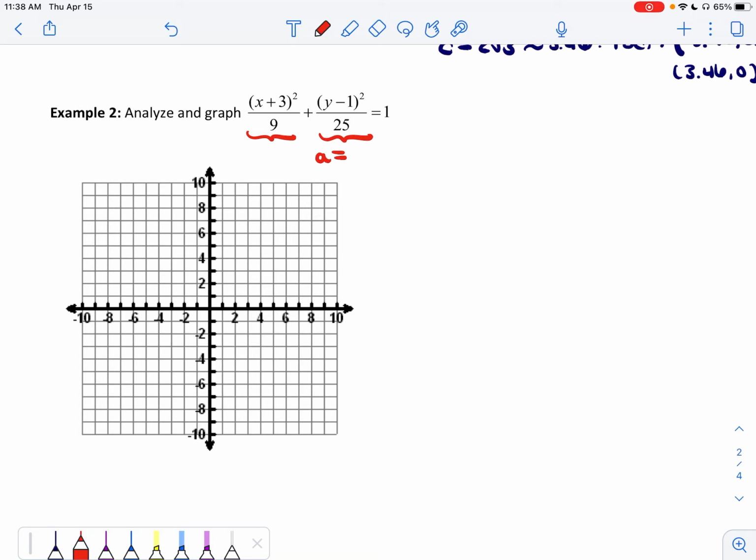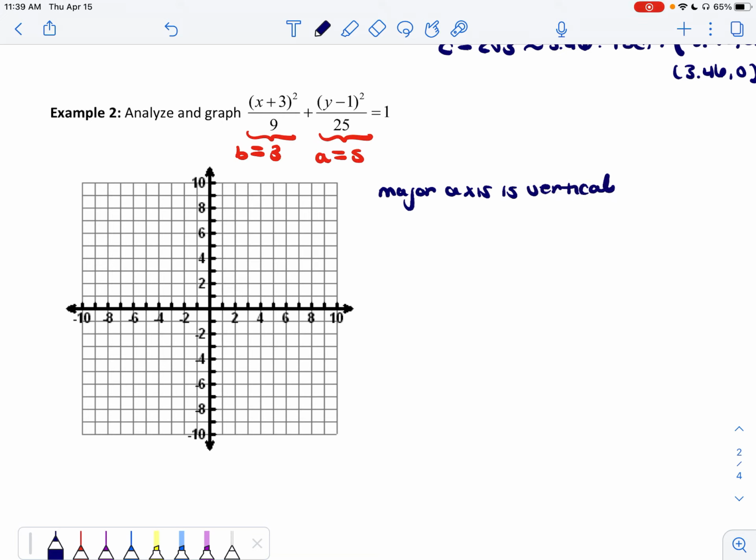And the square root of 25 is 5. So a is equal to 5. So then from the 9, we'll get our b, and the square root of 9 is 3. All right, so since the bigger number is underneath the y, that tells us on this one that our major axis is vertical.